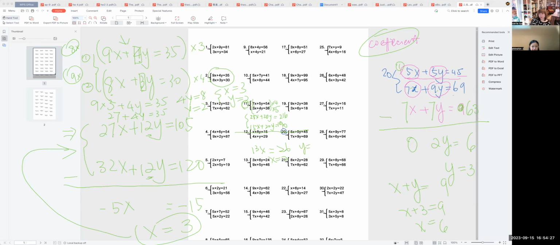You put it back, using this one, the smaller number: 7 times 2 plus 4y equals 38. Get it? Using this one. 14 plus 4y equals 38. So 4y equals 24. So y equals 6. Very good. Get it? Yeah. Okay, very good.